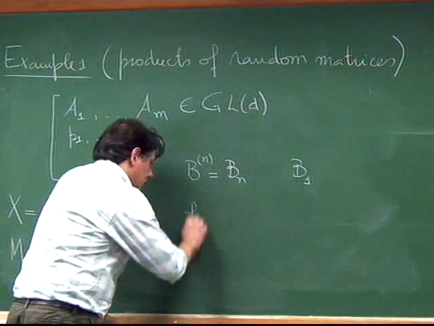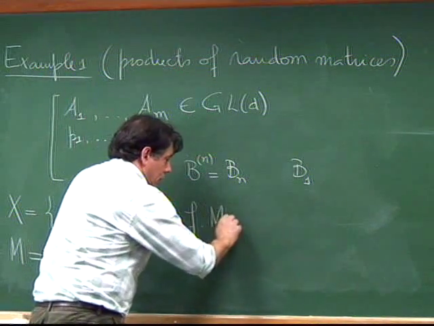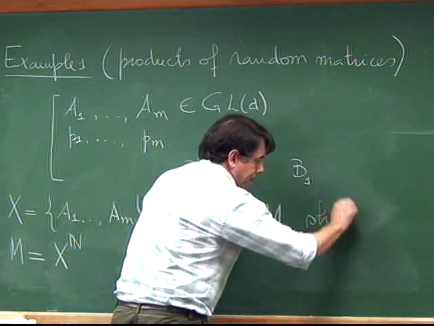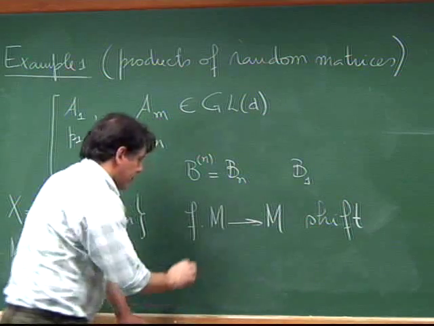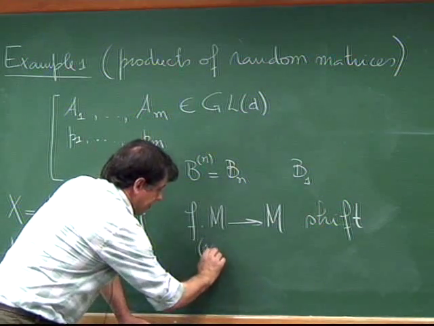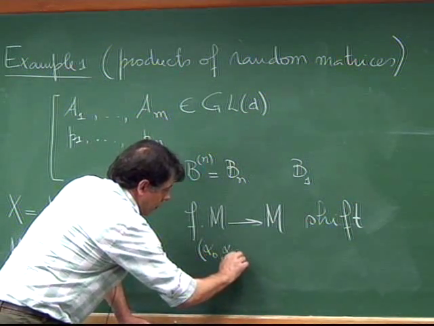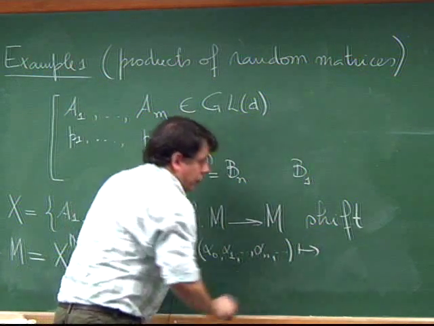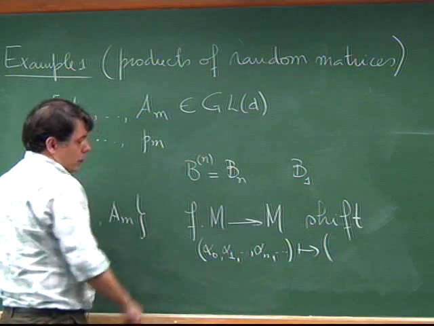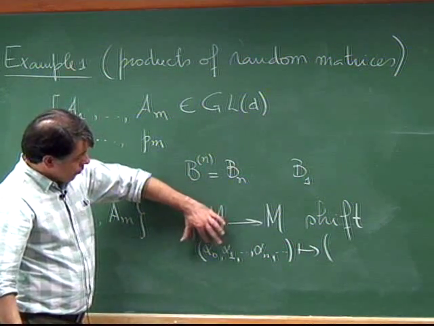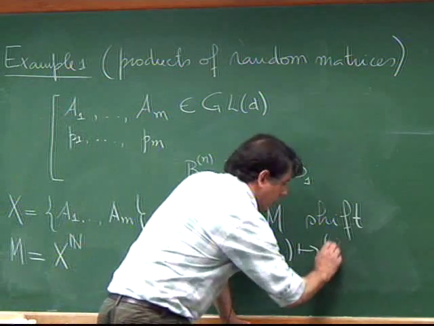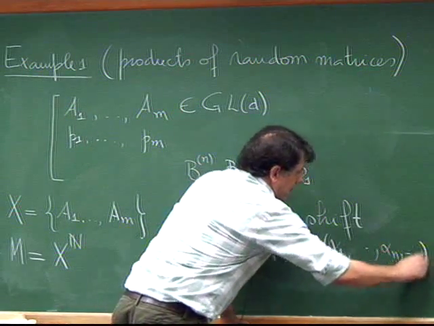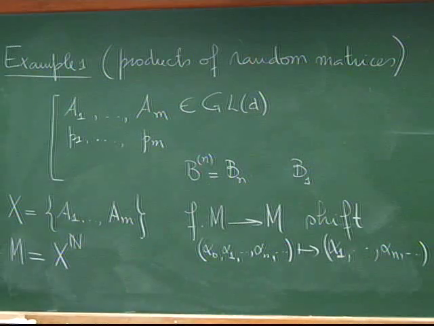Well, the transformation in M is the shift. The shift is just a map that takes a sequence alpha 0, alpha 1, alpha n, etc., and moves everyone to the left and drops the first one. So alpha 1, alpha n, etc. That's my transformation.